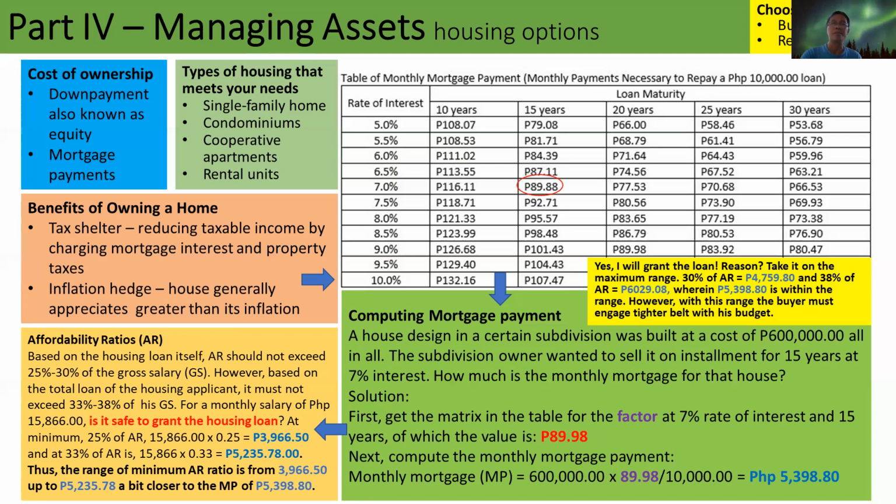Now, if the real estate owner decided for a 6% interest at 25 years, so the factor is 64.43. Okay?